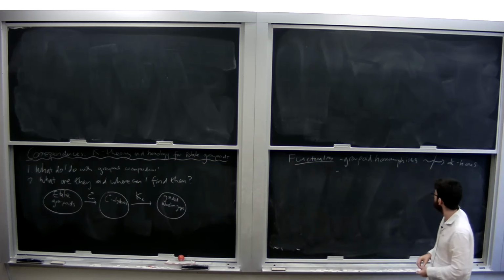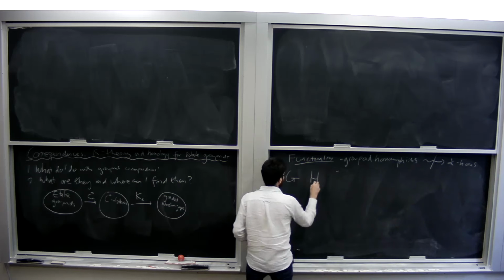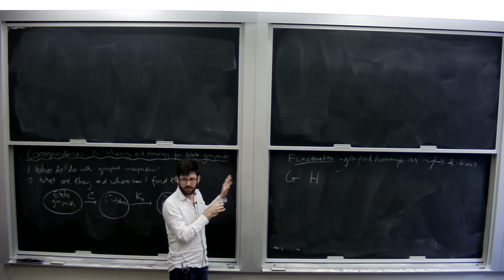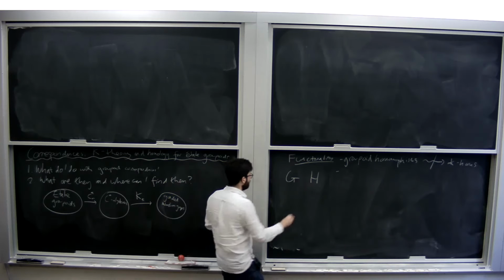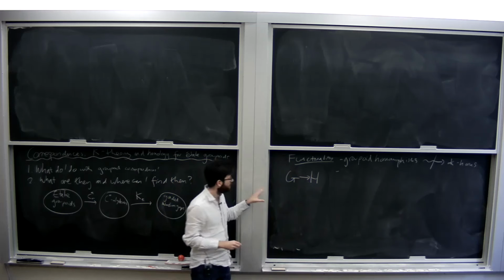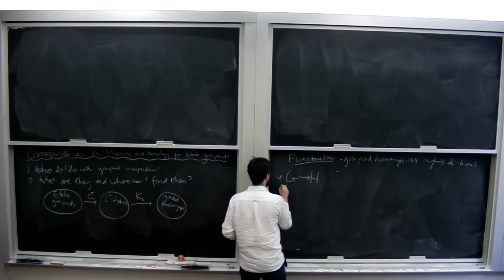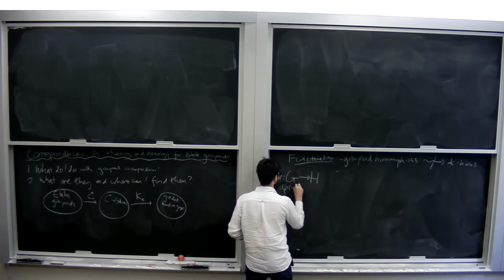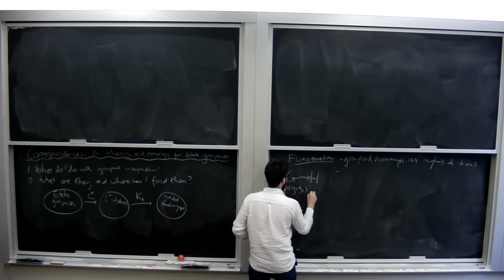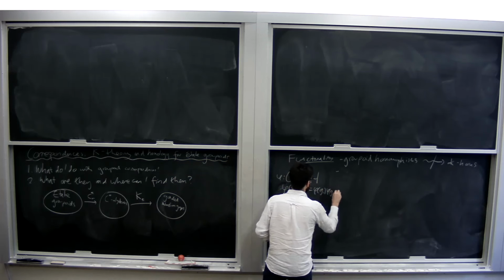So the groupoid homomorphism. Say we have groupoids G and H, and I'll get a bit more into how I view these later in the second part of the talk. But we just want literally a function φ from G to H so that φ(g1 g2) is equal to φ(g1)φ(g2).